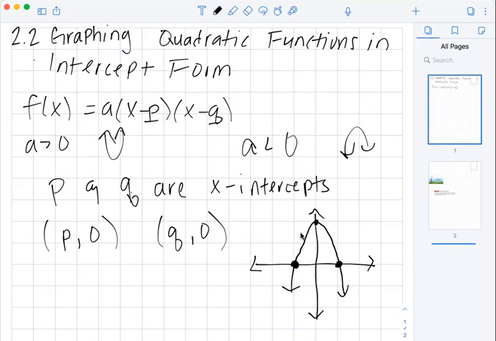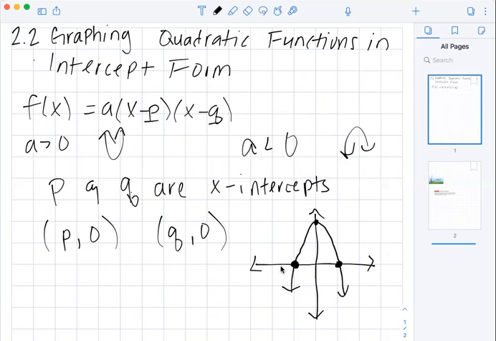And when you have the x-intercepts, the only other point that you need is the vertex. To find the x value of the vertex, it doesn't actually matter where our x-intercepts are.